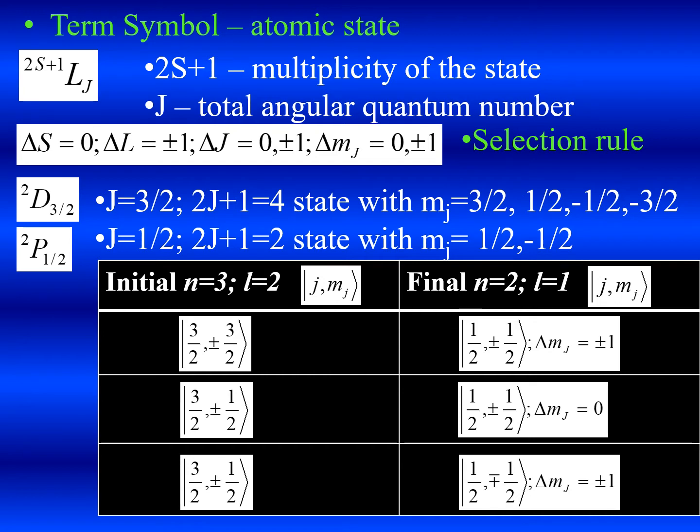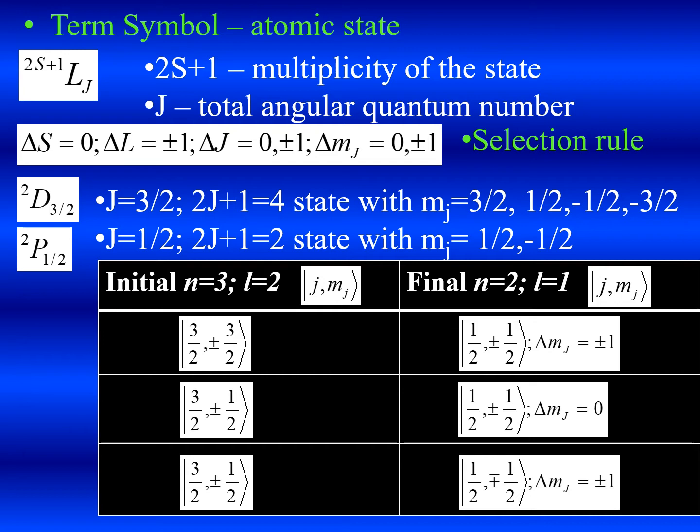A transition between any two states will occur only if it follows the selection rules: delta S is equal to 0, delta L is equal to plus or minus 1, delta J is equal to 0 or plus or minus 1, and delta Mj is 0 or plus or minus 1.